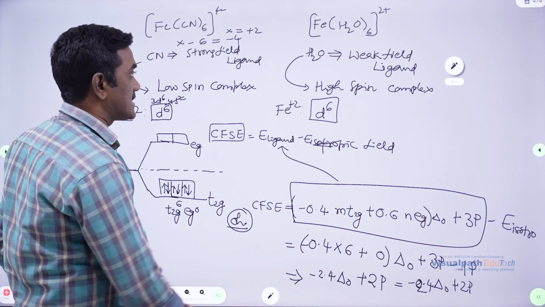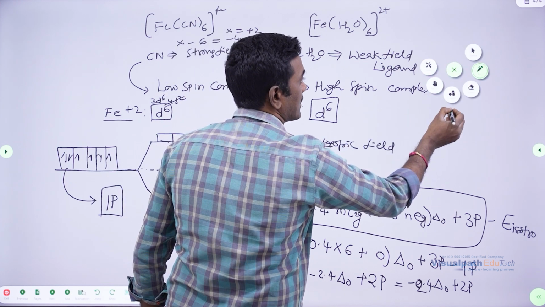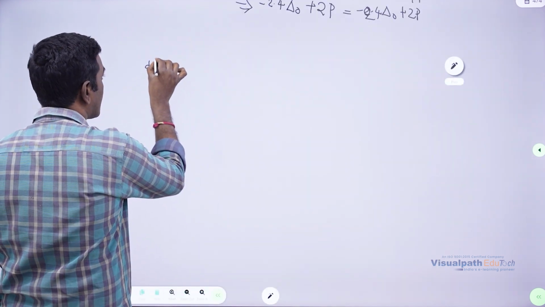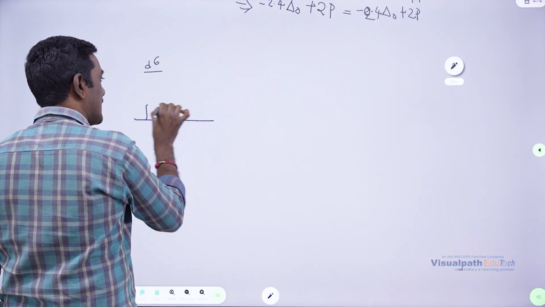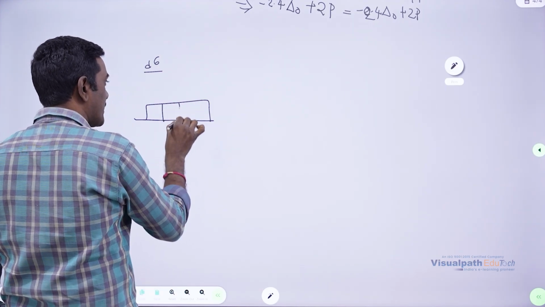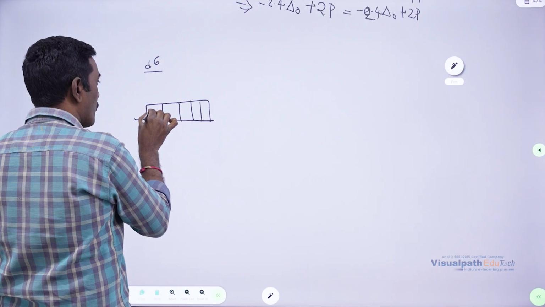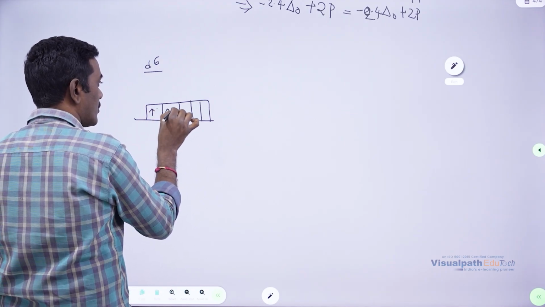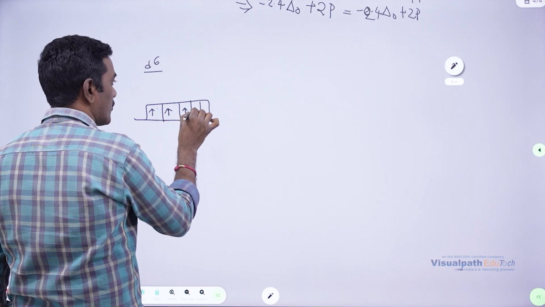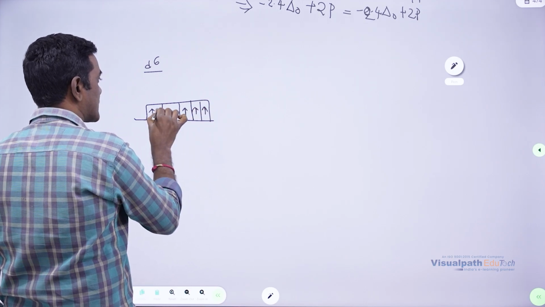Same way, let us discuss the weak field. d6 in a weak field. First, at the degenerate level, what happens? At the degenerate level it is going to be 1, 2, 3, 4, 5, 6.